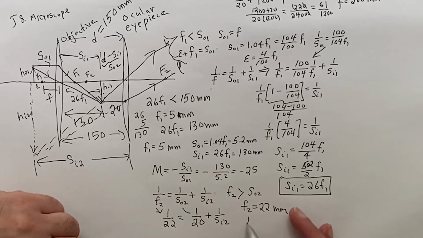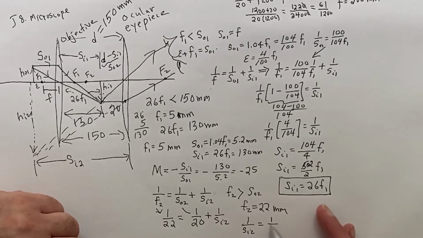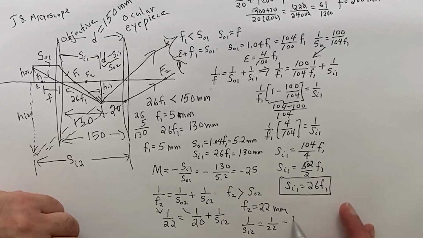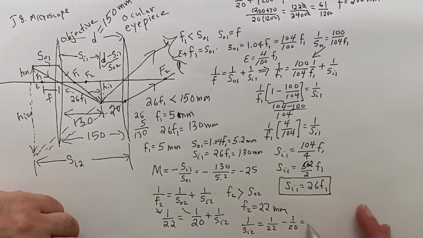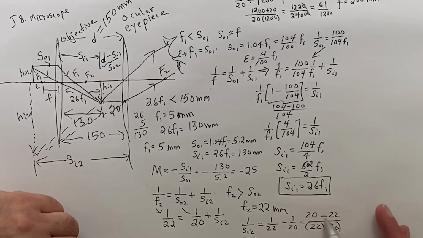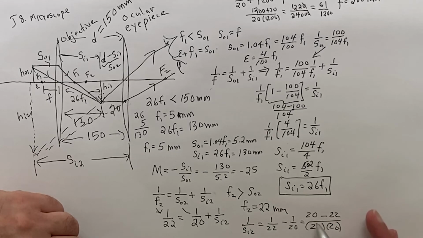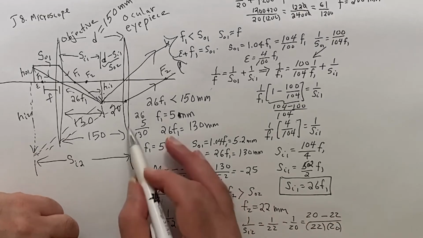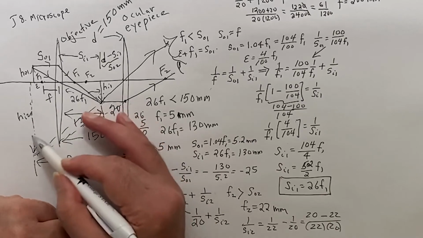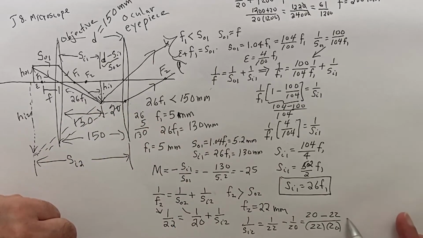So that means 1 over SI2 is 1 over 22 minus 1 over 20. So this is 20 minus 22. 20 cancels there. I got 1 over 22, and then the minus sign, 22's cancel over 20. And I'm glad I'm getting a minus sign because I know that this is a virtual image back here, and it's going to come out negative, which is good.